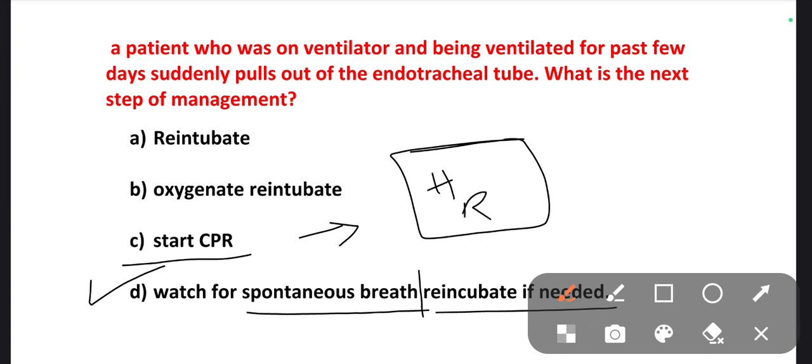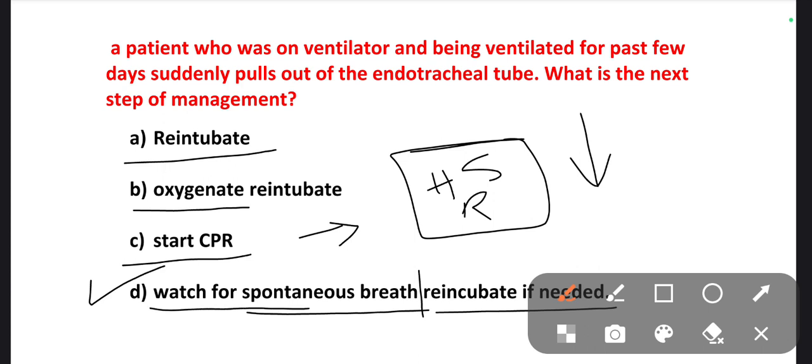Then only we go for the CPR. And when the saturation is down, we need to go for oxygenation. If it is not maintained, we will go for re-intubation. So firstly we watch for the spontaneous breath. This is the right answer. Option D is the right one.